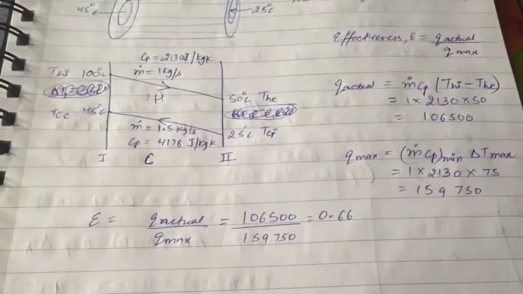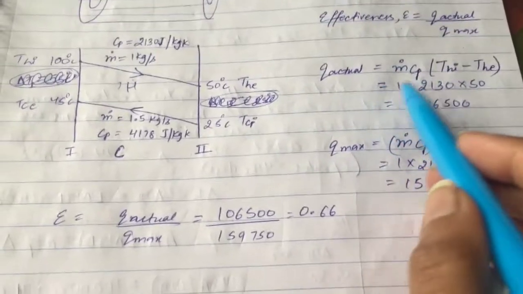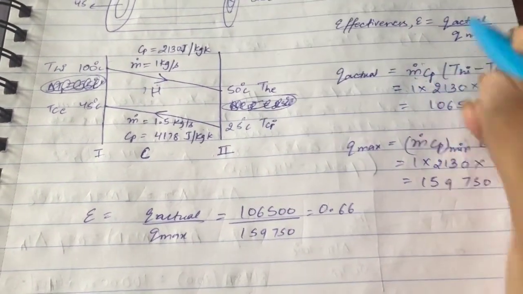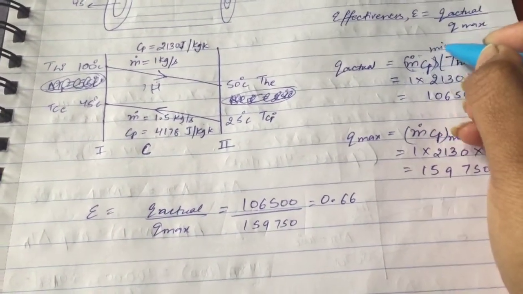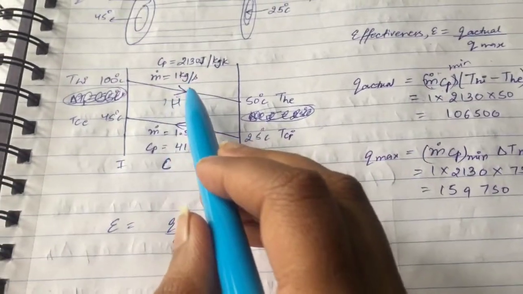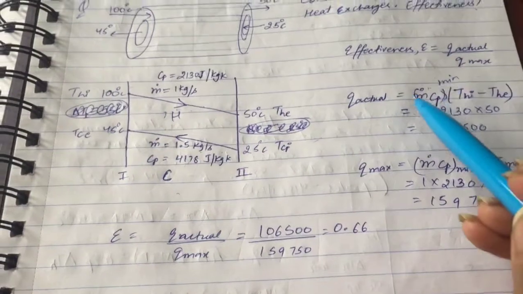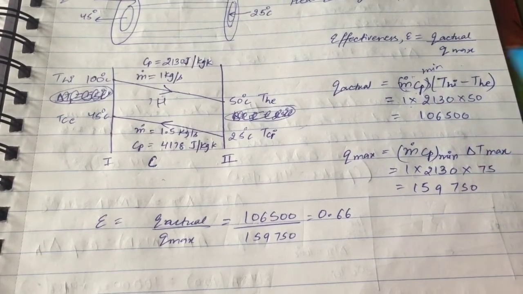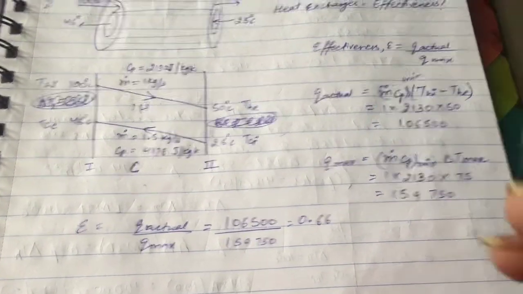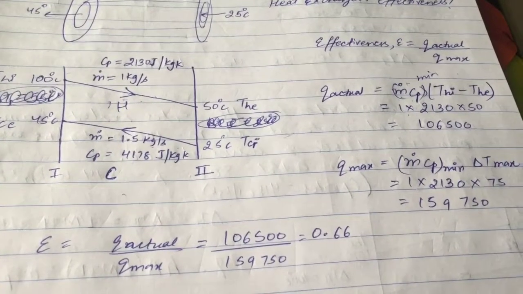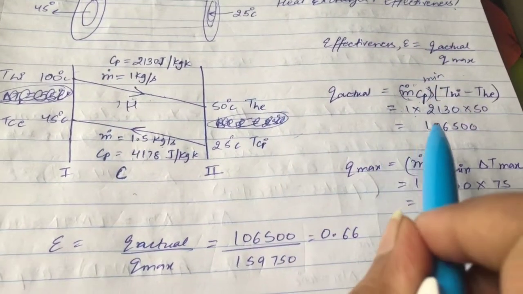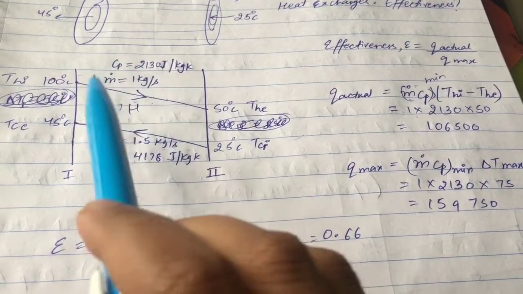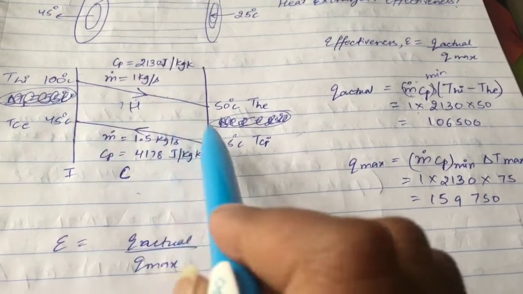What we usually do to calculate our Q actual is that we take the minimum of m dot Cp, whichever fluid, hot fluid or cold fluid, gives minimum m dot Cp, and we multiply that by the temperature difference of that fluid. Like in this case, our hot fluid is giving us m dot Cp minimum, which is 1 into 2130. So we are taking its multiplication with temperature difference of hot fluid.